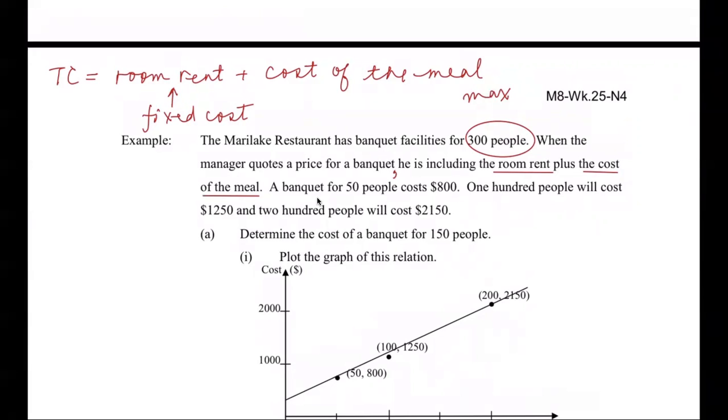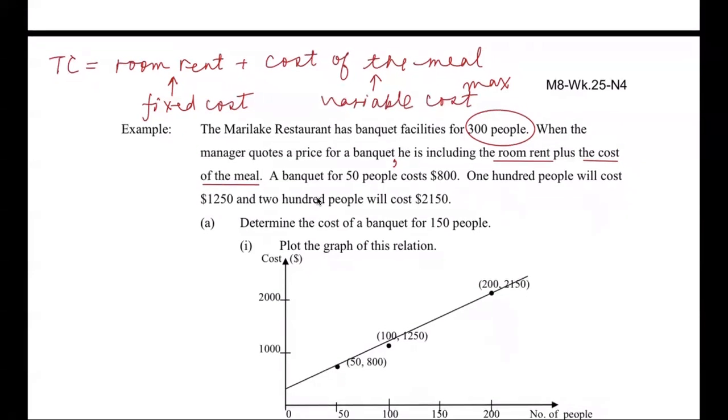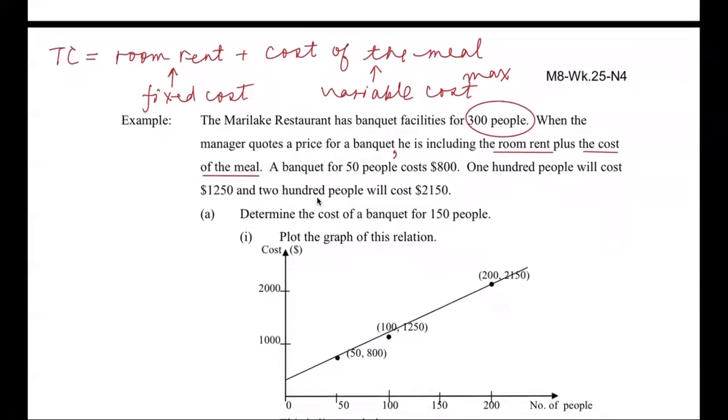So the cost of a meal, on the other hand, changes as the number of guests changes. So for this type of cost, we call it variable cost because it varies.